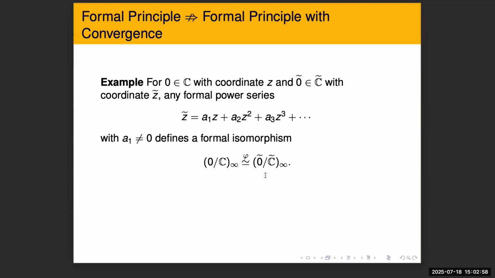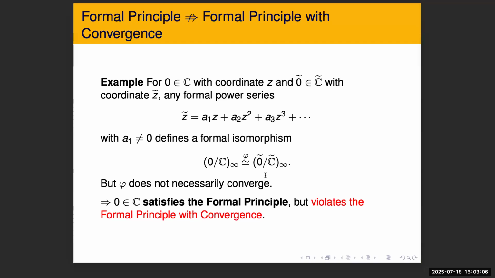But of course, this is a formal power series, and in general it does not converge. So you can see that a point in C satisfies the formal principle trivially, but it violates the formal principle with convergence. This shows that formal principle with convergence is a strictly stronger property than formal principle.